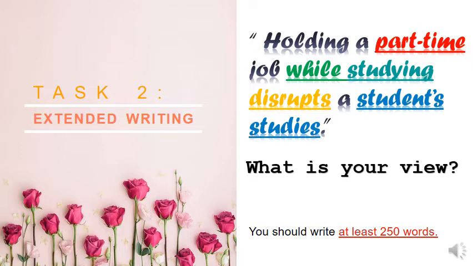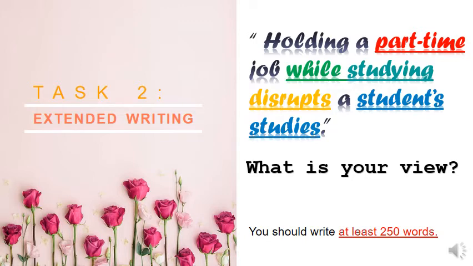Okay, now let's go with our yellow color word, that is disrupt. Disrupt here means something that is disturbed, something that is not right, not correct. So this is wrong. That is what disrupt means.